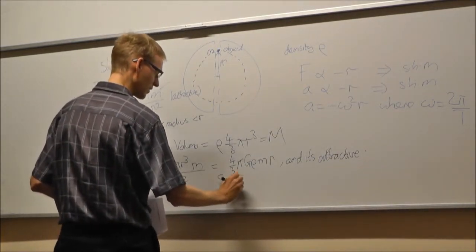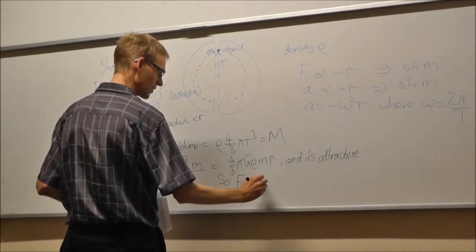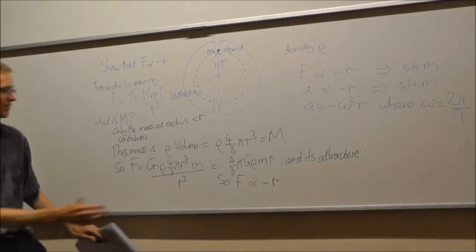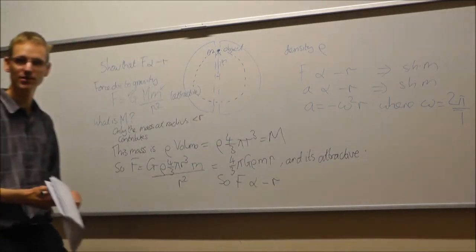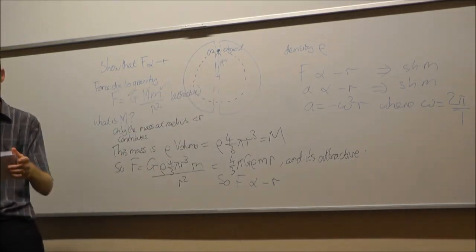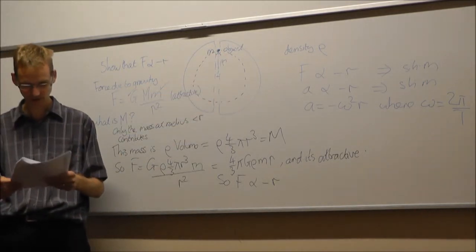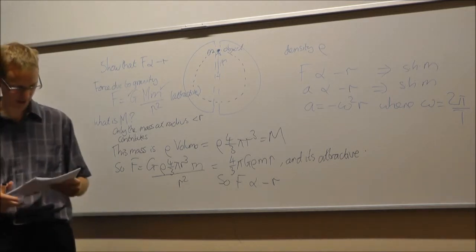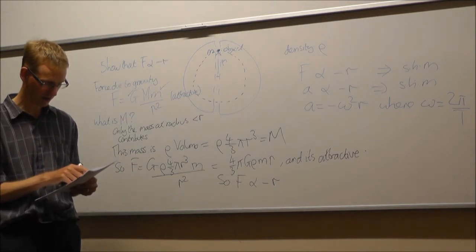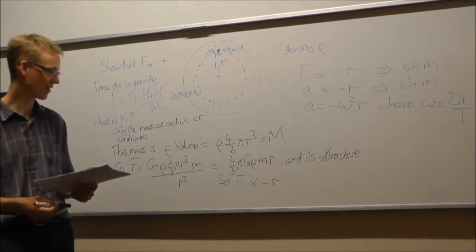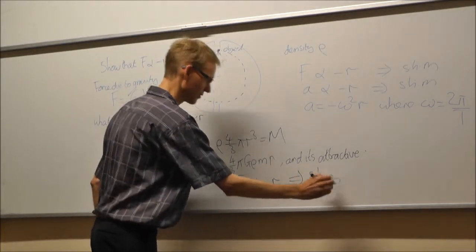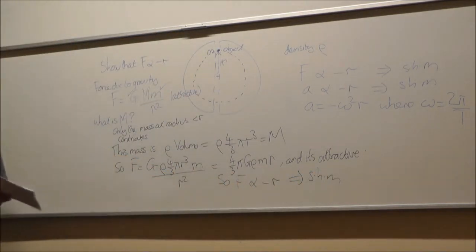So F is proportional to minus r, the minus showing that it's an attractive force. So we've shown that this is going to undergo simple harmonic motion. That was what the question stated, we just check that. Show an object dropped in a hole will perform simple harmonic motion. So that implies simple harmonic motion. Once you've got there, you've got there.